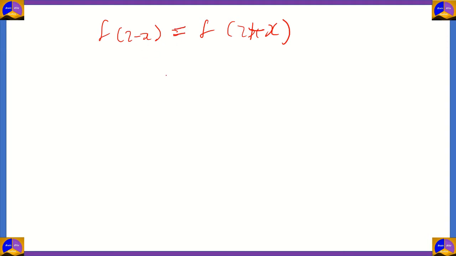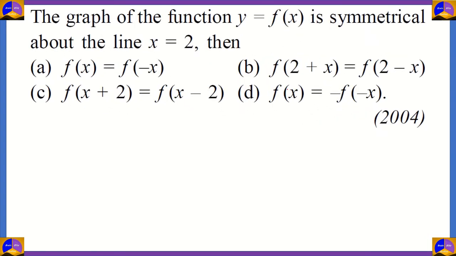So therefore, f of 2 minus x equals f of 2 plus x. This is the correct relation that we need to get. So option B, f of 2 plus x equals f of 2 minus x, is the right answer.